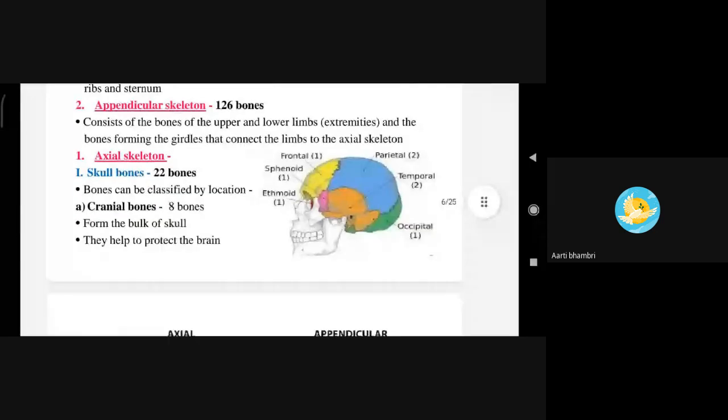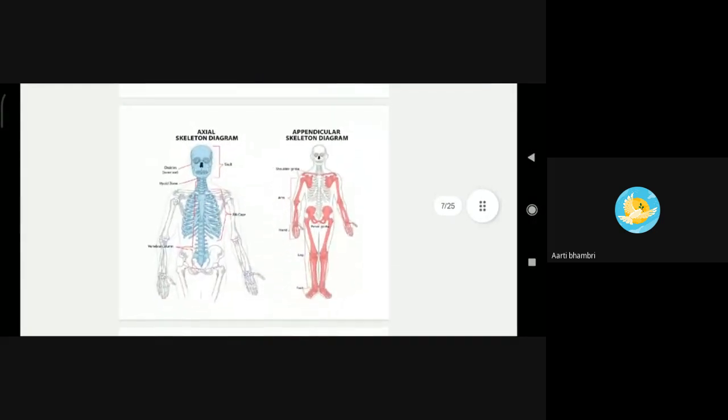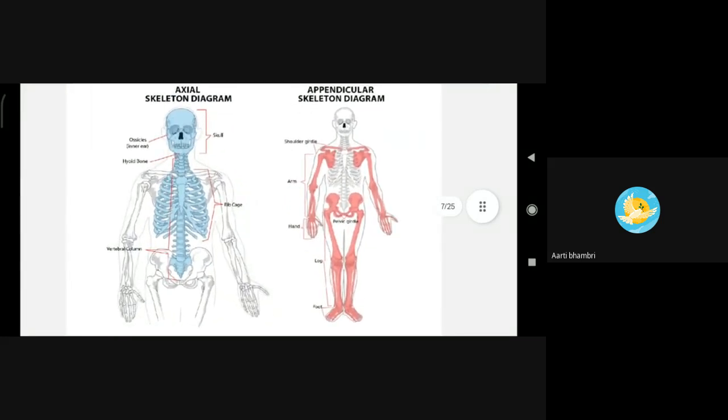You can see here, it's clear. Axial skeletal diagram and appendicular skeletal diagram. The center of the body is the axial skeleton, and the limbs or peripheral body is the appendicular skeleton.